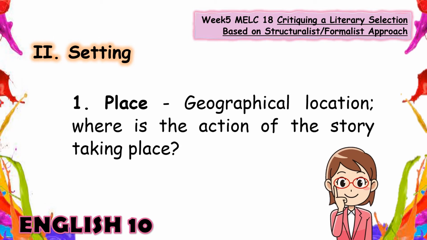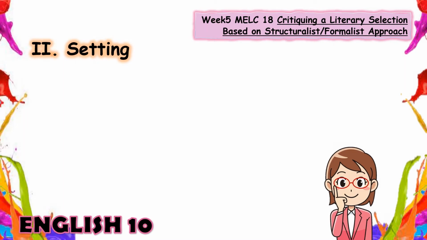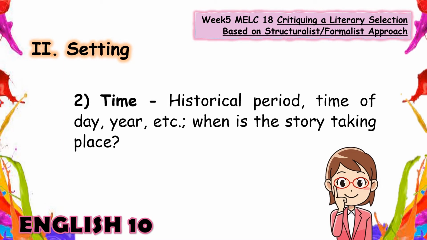Let's talk about place. It is the geographical location. It answers the question, where is the action of the story taking place? Second, time. Historical period, time of the day, year, etc. It answers the question, when is the story taking place?